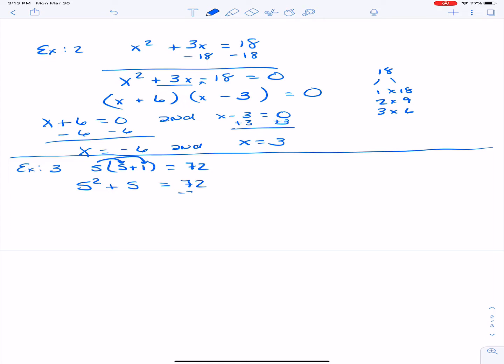I'm going to subtract 72 from both sides. So I get s squared plus s minus 72 equals 0. And then we're going to go ahead and factor this and then solve it. s and s. Again, we have a negative here, so we know we have a positive and a negative.